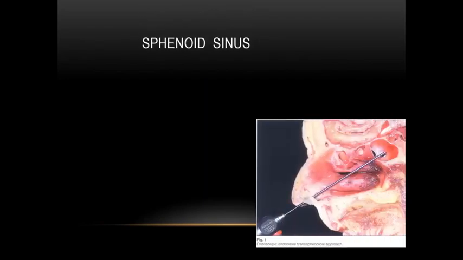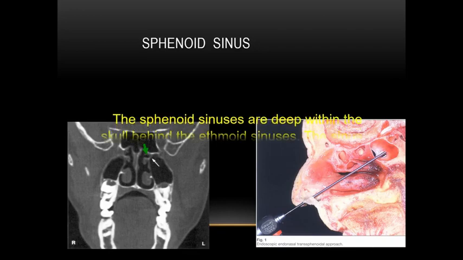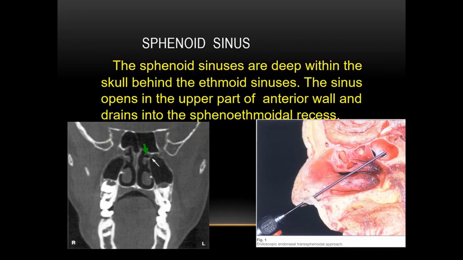Sphenoid sinus. The sphenoid sinuses are deep within the skull, behind the ethmoid sinuses. The sinuses open in the upper part of the anterior wall and drain into the sphenoethmoidal recess, the green arrow on the left side.